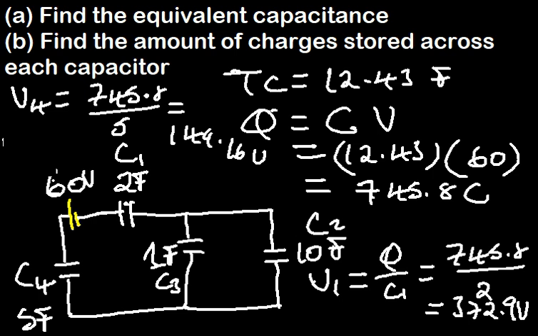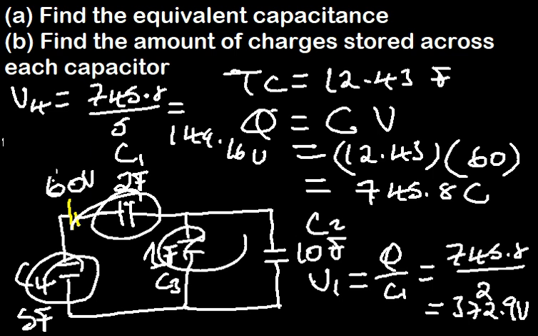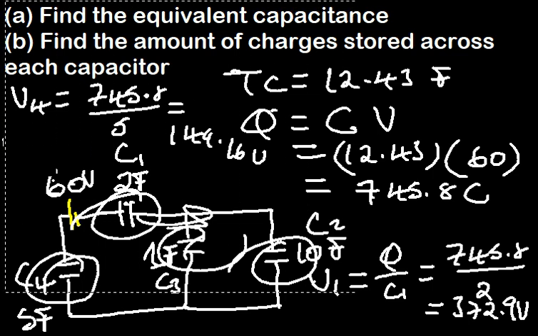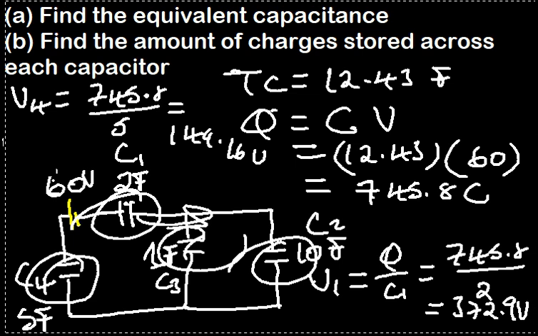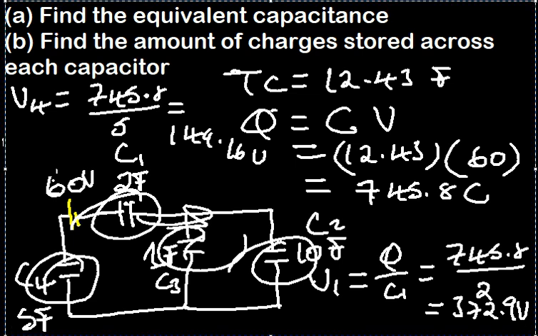So in this case, the voltage has to be shared here and also here as well. But the remaining voltage is going across the parallel circuit for these two. So that's how you have to understand the calculations behind the combination of capacitors in parallel circuits as well as series circuits.